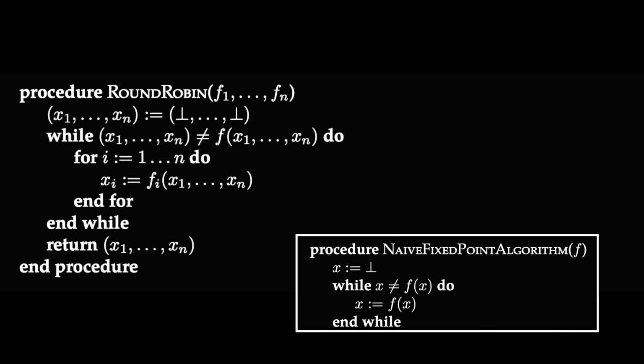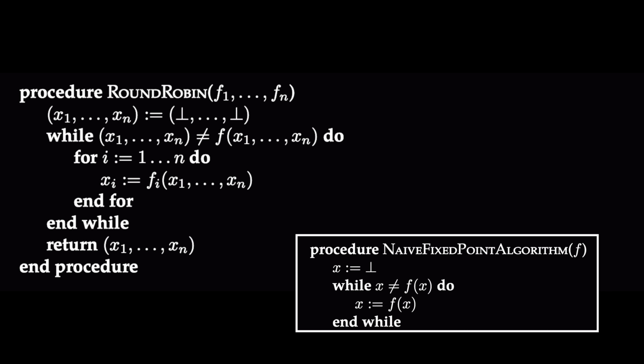Our round-robin algorithm will take in n different functions and start by initializing x1 to xn to bottom. And it's going to perform this loop once again of checking that x is not equal to f of x, but it's going to perform each update of x sub i, with x sub i gets updated to f sub i of x, independently.